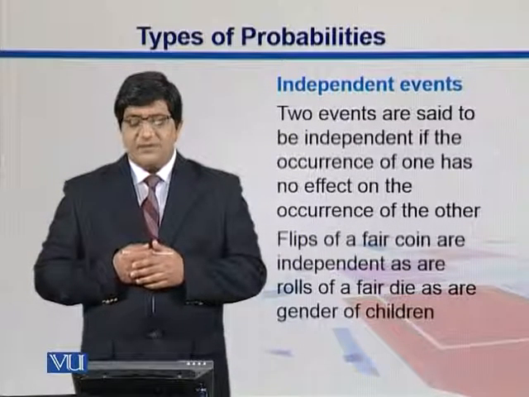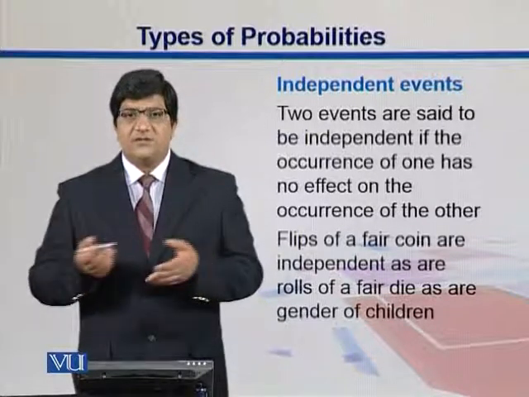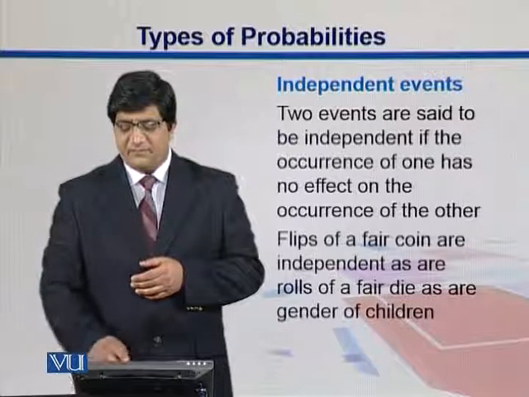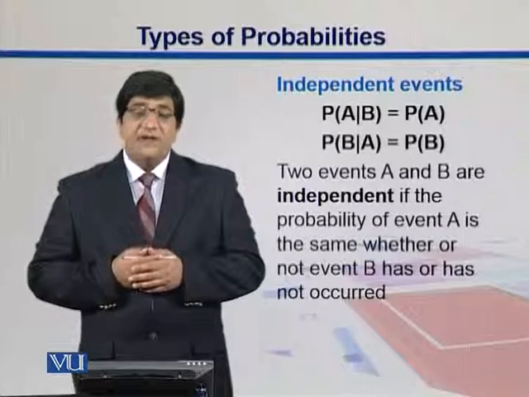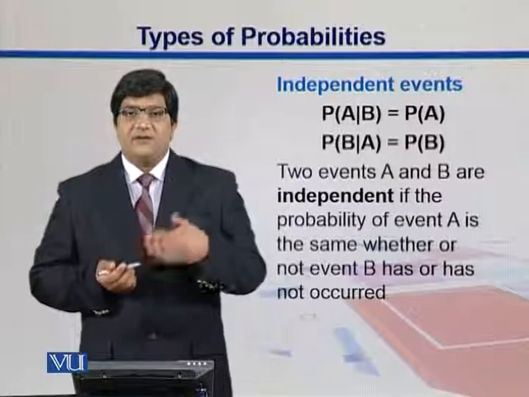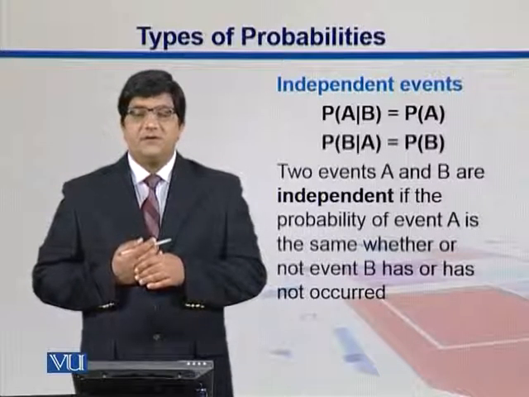Two events are said to be independent if the occurrence of one has no effect on the occurrence of the other. In that case, we can call these kinds of events independent events. Examples are here, you can see them. For independent events, P of A given B. As we have seen in the previous one, where we have the dependent events, our conditional probability was there.